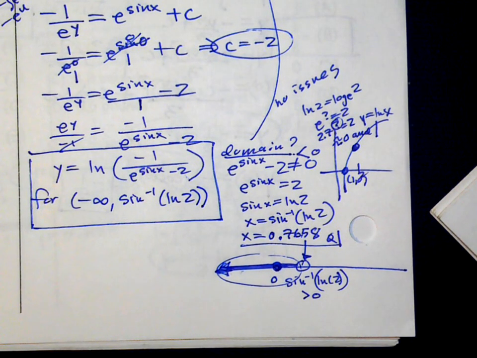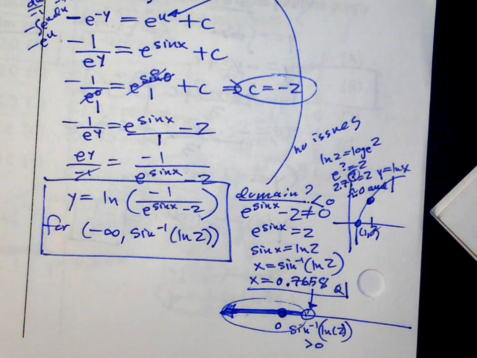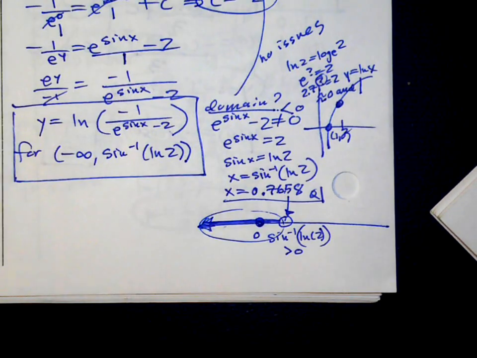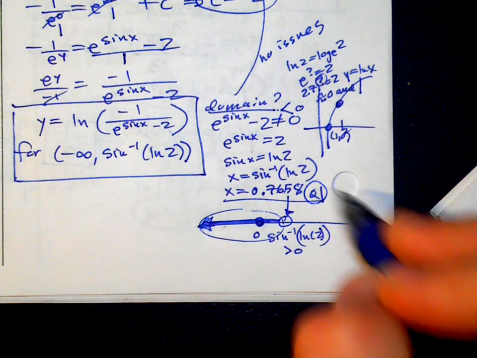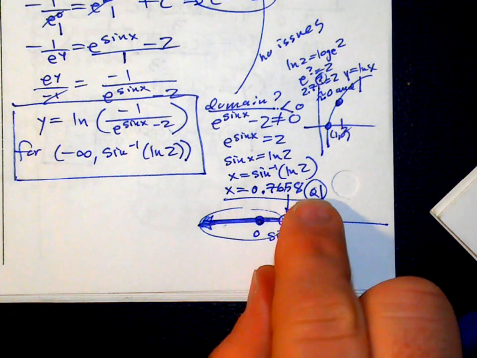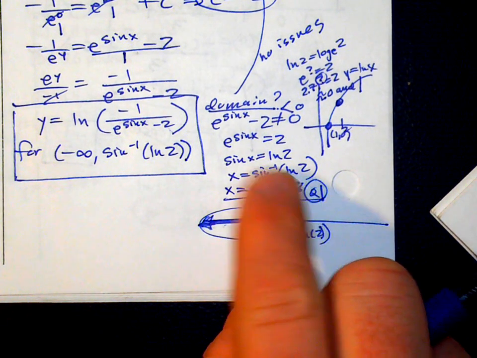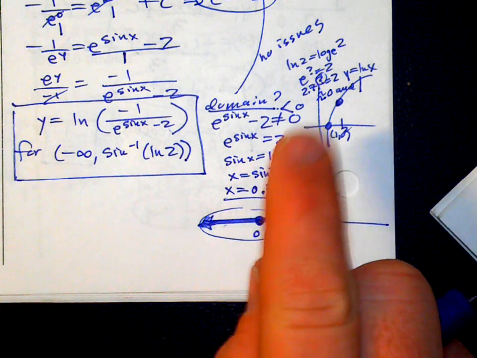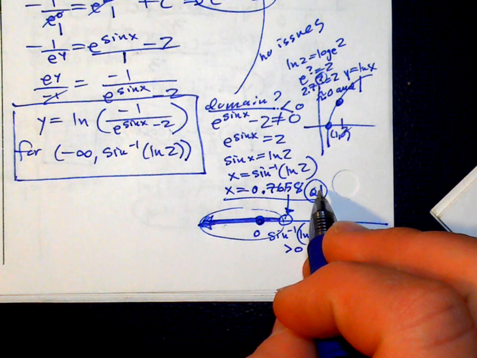Now, I got to hold on a second because I'm looking at my answers and I have something a little different. Okay. I have to think about this. I went back. Remember, this is giving you principal values. These answers for sine happen over and over again. This is quadrant 1.